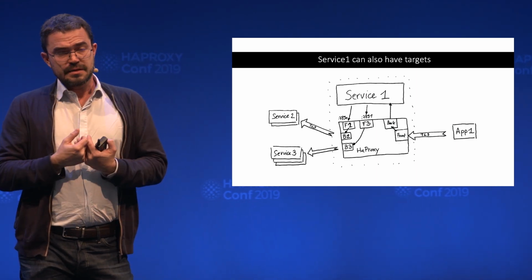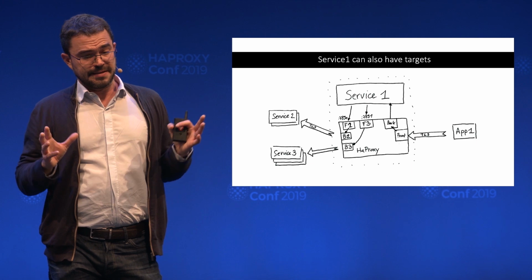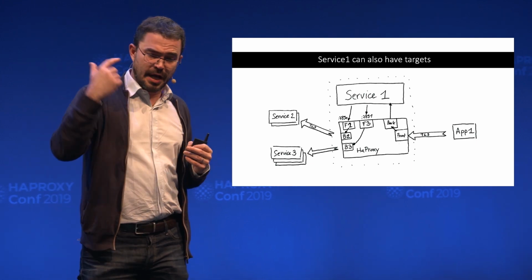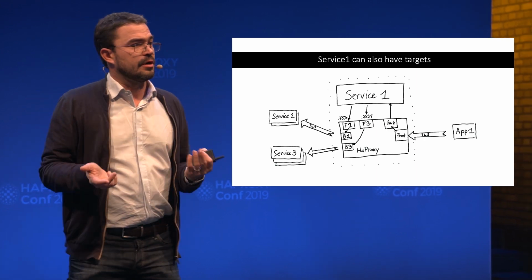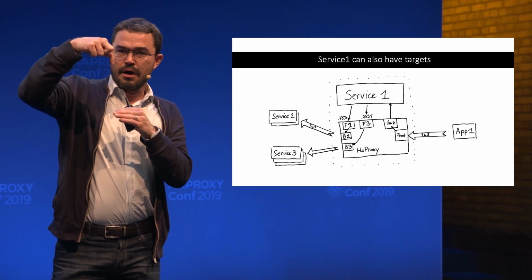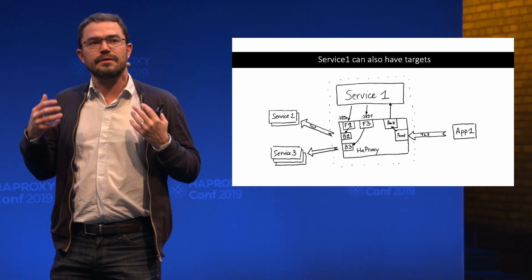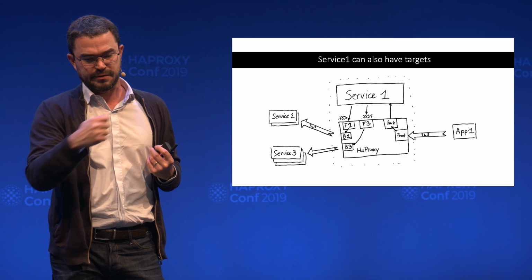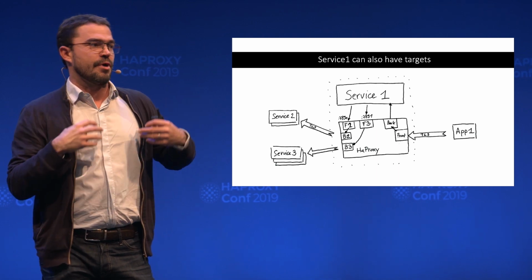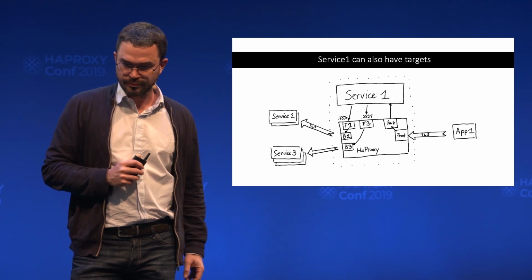In that case, everything is kept within the same HAProxy instance, and we will generate additional front ends for what we call upstreams in the Consul language, meaning HTTP localhost targets to send requests to service 2 or service 3 and so on. And all of this will run within the same HAProxy program.